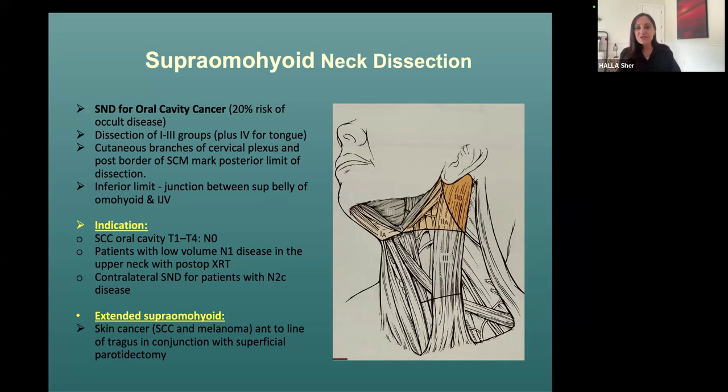And then an extended supraomohyoid neck dissection is most commonly done for cutaneous malignancies, squamous cell carcinomas or malignant melanomas in the pretragal area that are advanced and require dissection of the neck. It's often done in conjunction with a superficial parotidectomy.